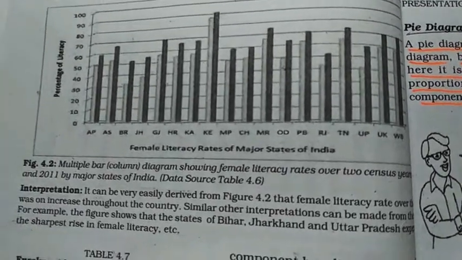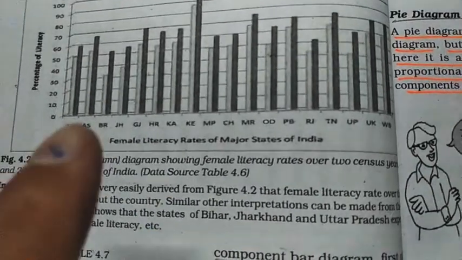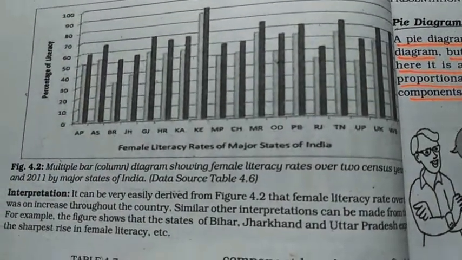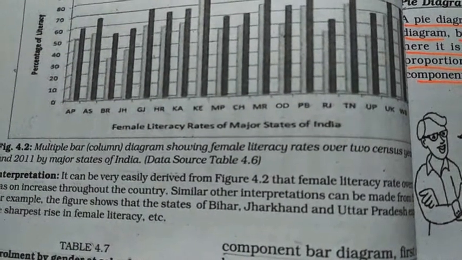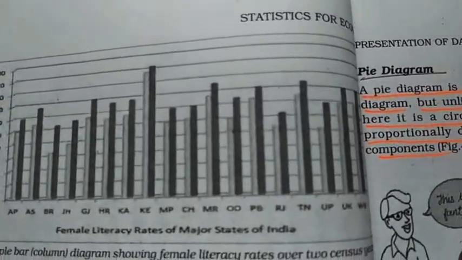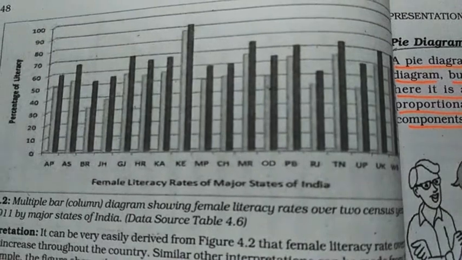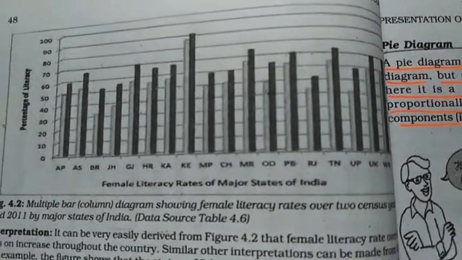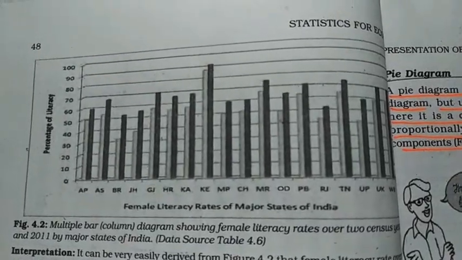As you can see from this multiple bar diagram, we can comprehend that the literacy rate of females has increased over the years from 2001 to 2011. That is the example of a multiple bar diagram.